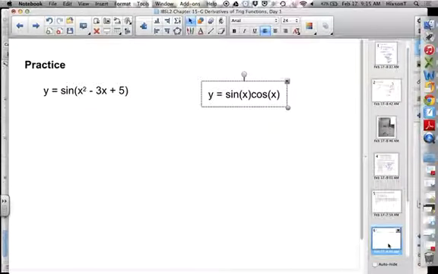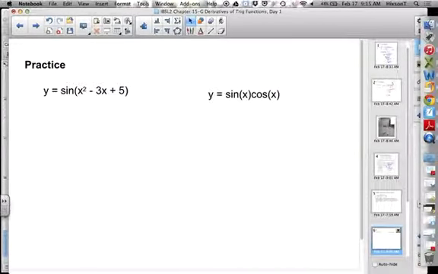So let's take a look first of all at this one. Let's say we've got y equal to the sine of x squared minus 3x plus 5. What rule are we going to need to use in this one? Chain.